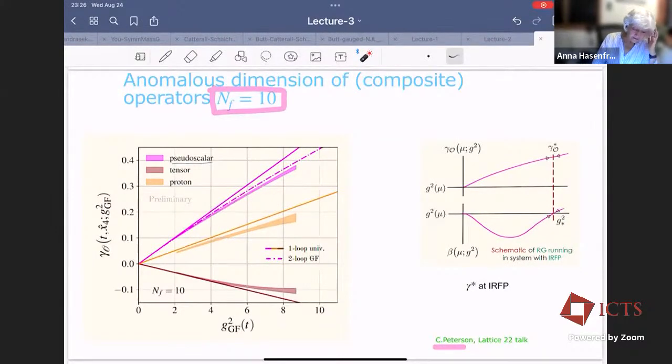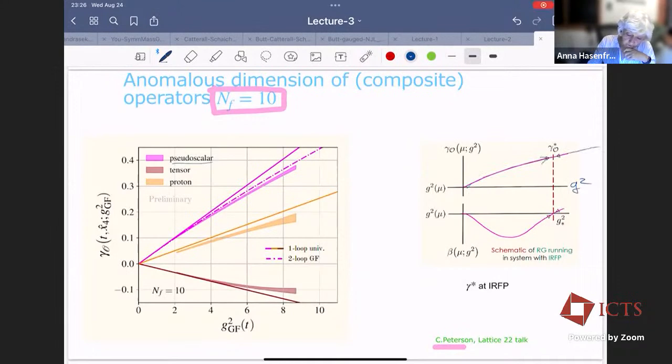Now you might say that if this is a conformal system, how do we see that it's conformal in this plot? We don't. In fact, if you think about it, if I take the anomalous dimension gamma as the function of g squared, that will just keep on going.